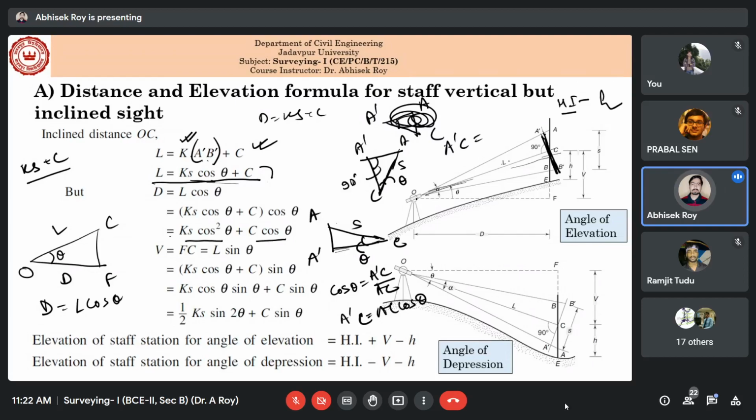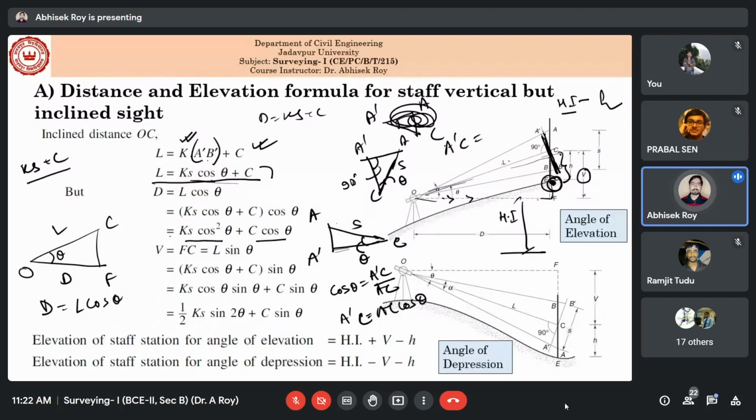Here, your actual height of instrument is this one from the datum. This is the HI, right? But with HI, you have to add V. Suppose this triangle CF measurement is V. And from that V, you have to deduct H. Then only you can get the RL of E point. So here, the RL of E point will be height of instrument plus V minus H.